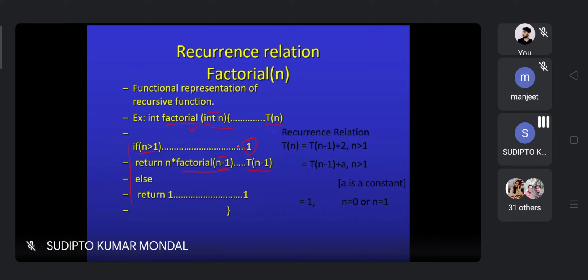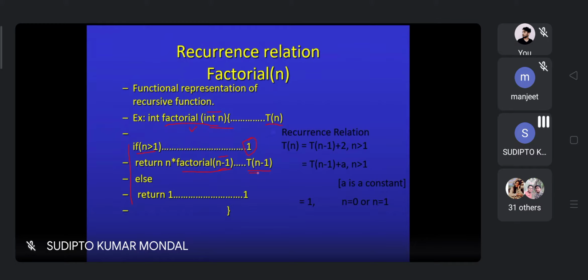If factorial of n takes T of n, factorial of n minus 1 takes T of n minus 1. Why? Because I am changing the input parameter to the function. Previously the input was n, so T of n. Now the input is n minus 1, so T of n minus 1.